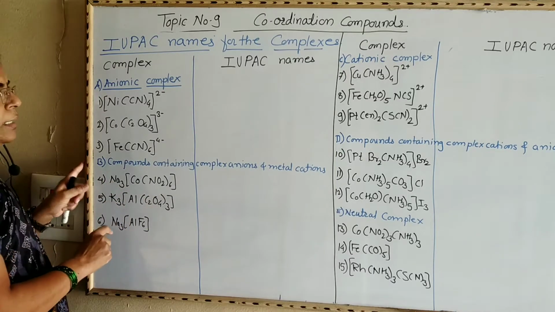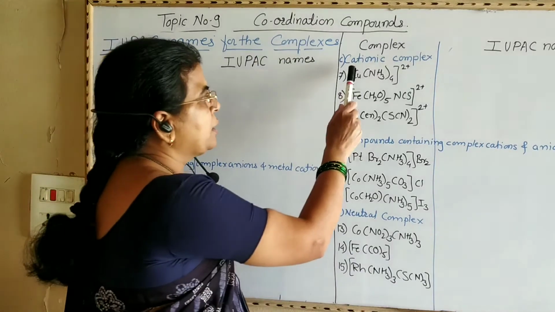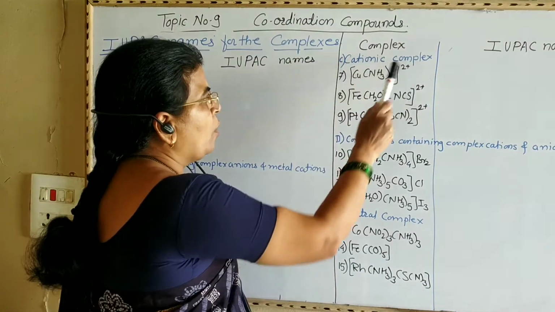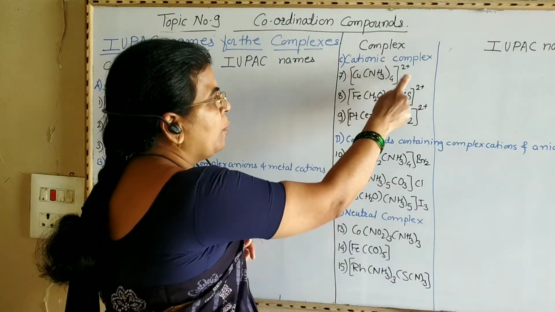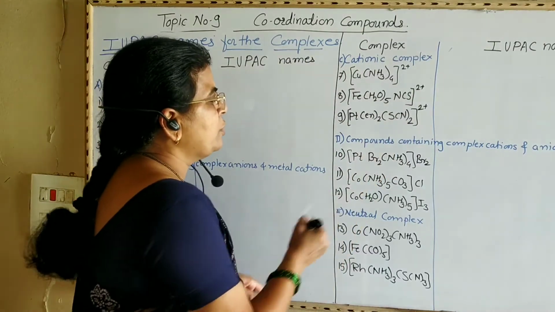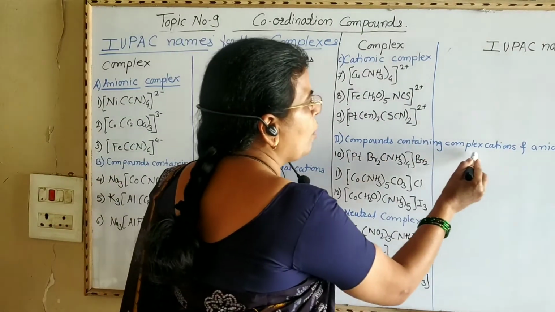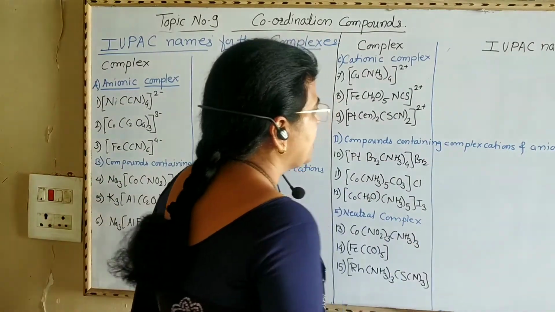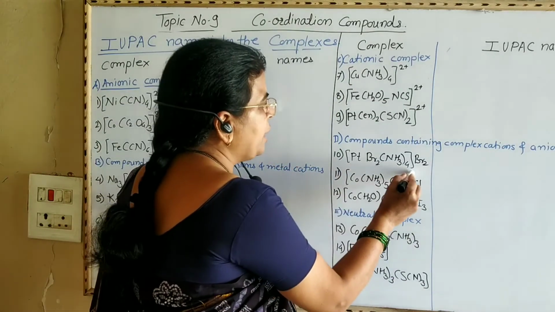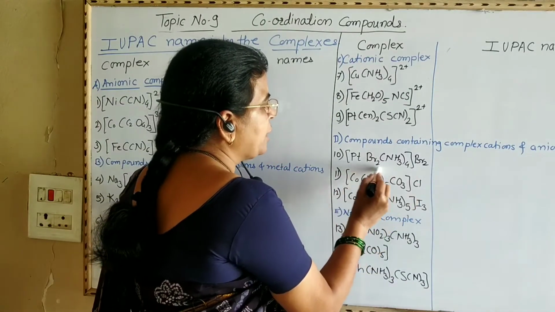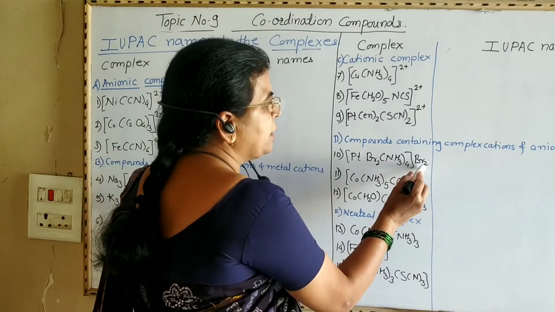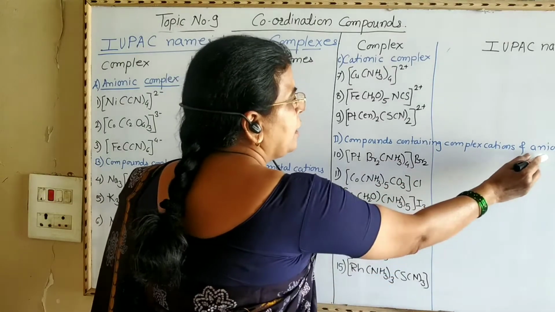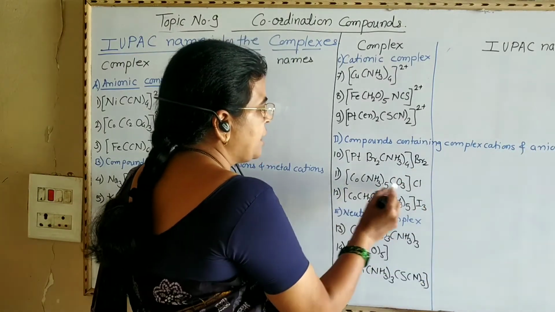Then we are going to see cationic complexes, that is, complexes having positive charge. Then compounds containing complex cations and anions. Look here, it is a complex cation, that is, this complex has positive charge, and these counter ions are negatively charged anions. Same thing here.